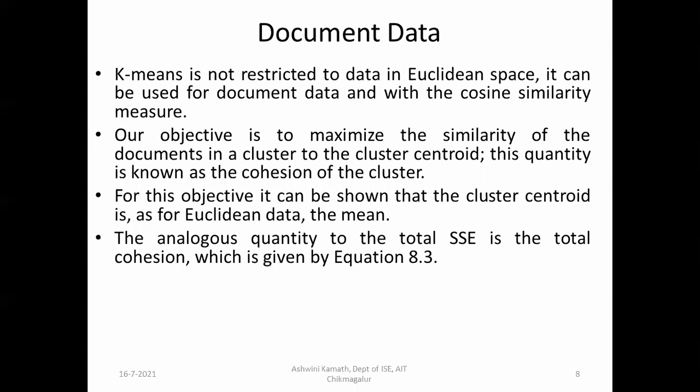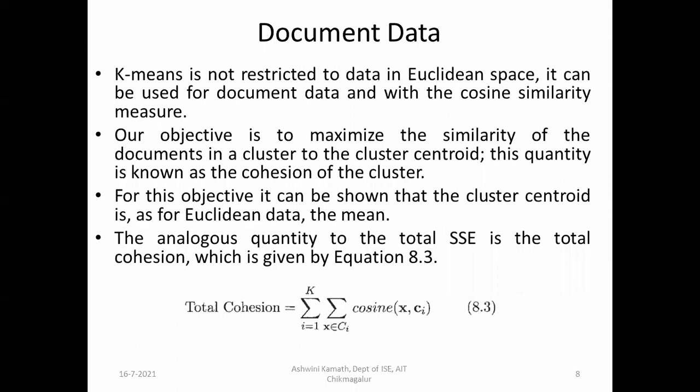The analogous quantity to the total sum of squared error is the total cohesion, which is given by equation 8.3. Here we have to use cosine similarity, and find it for all the clusters. Total cohesion is the summation for i equal to 1 to k, summation of cosine of x comma ci, where x belongs to Ci.